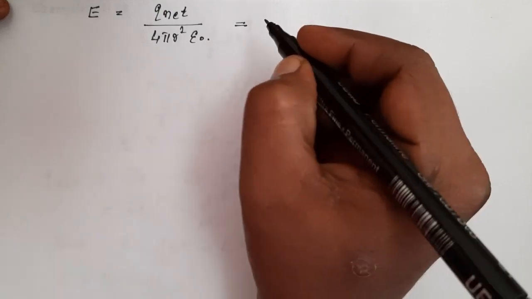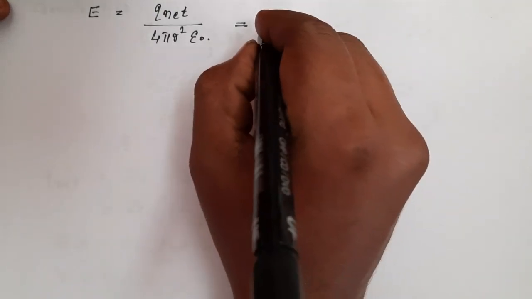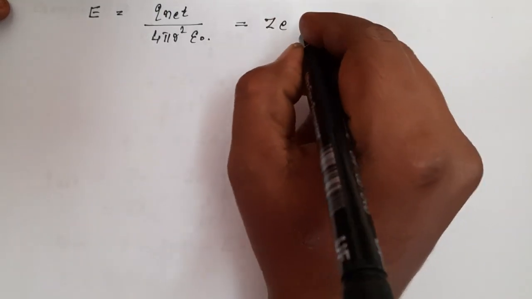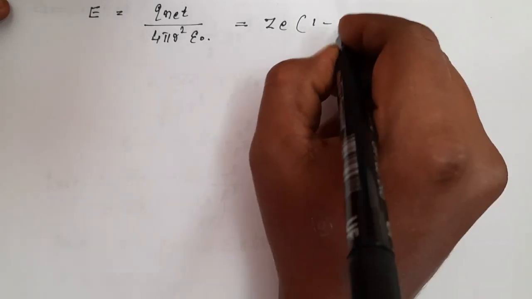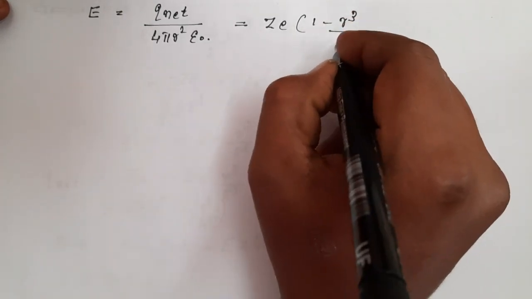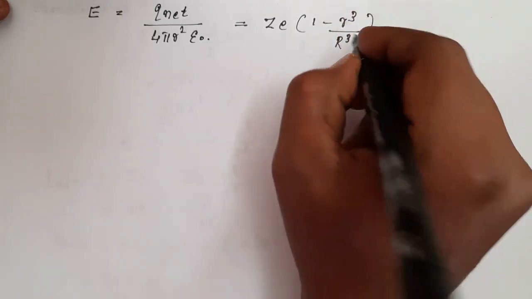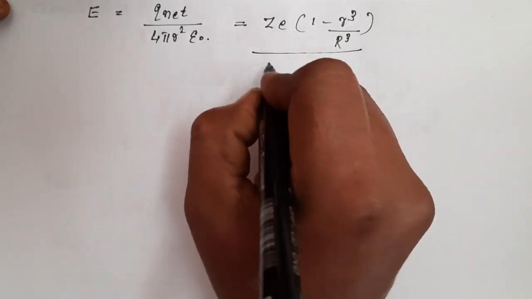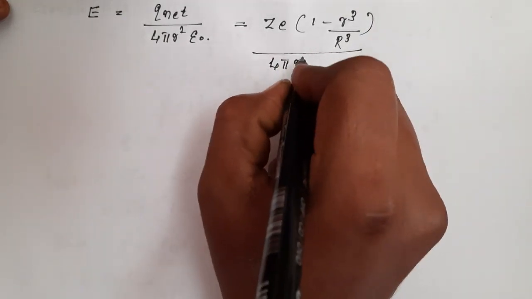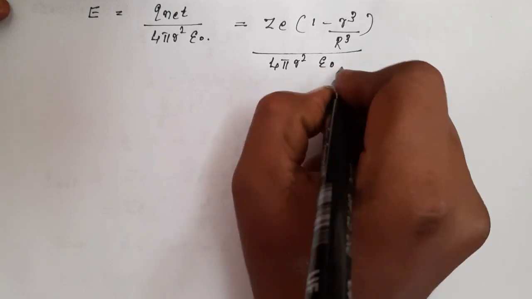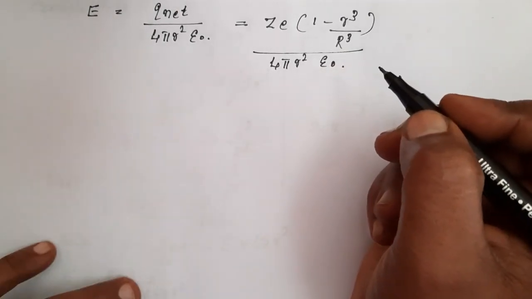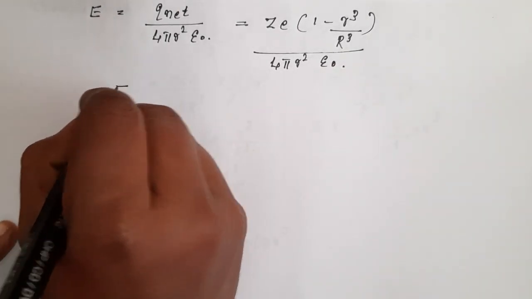Now we will just substitute for that Q net. Q net is Ze into 1 minus r cube by R cube, divided by 4 pi r square epsilon 0. So this is the expression for the electric field.